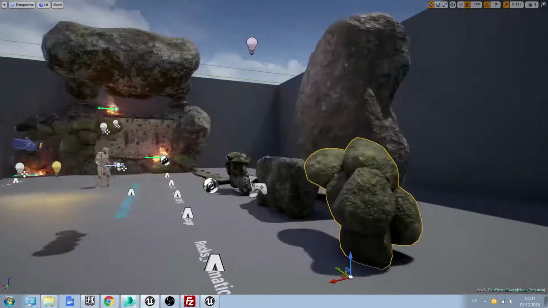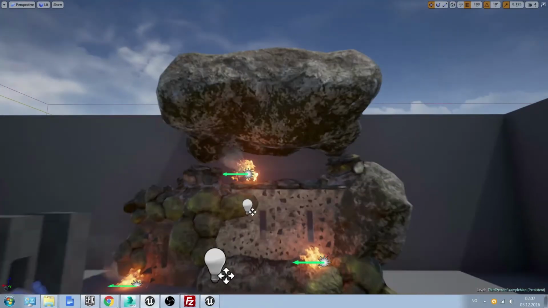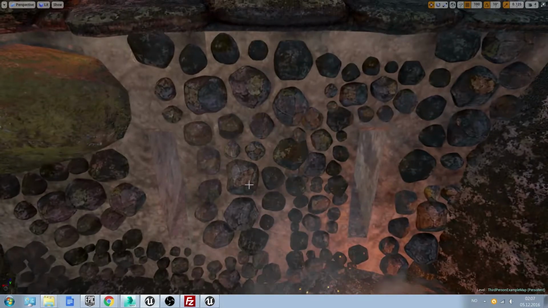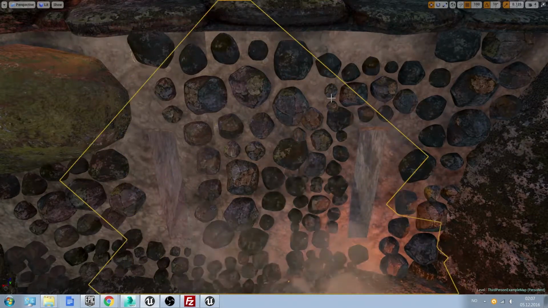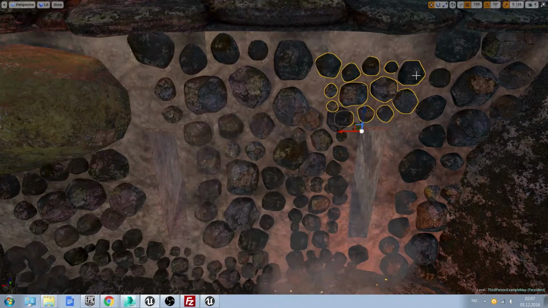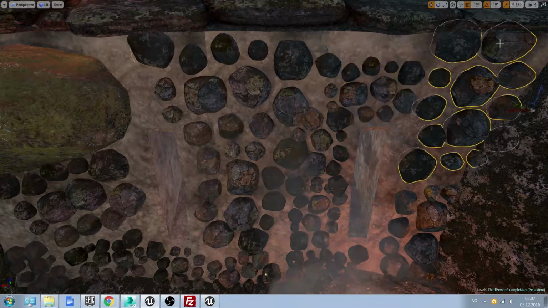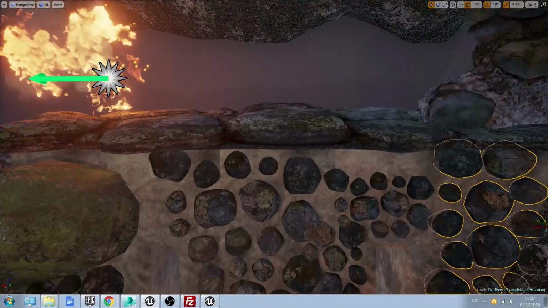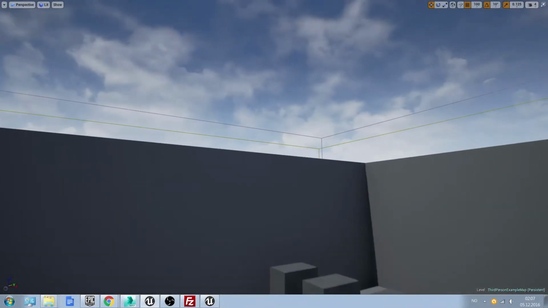I'll change that later. So yeah, those parts are supposed to be integrated into the wall like this. And that's why it's so important to optimize, because these are very triangle heavy. It is. So that's the design decision for my package.